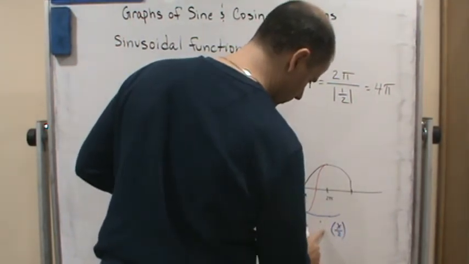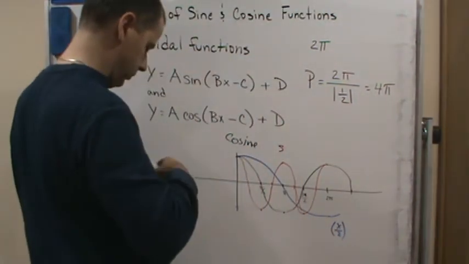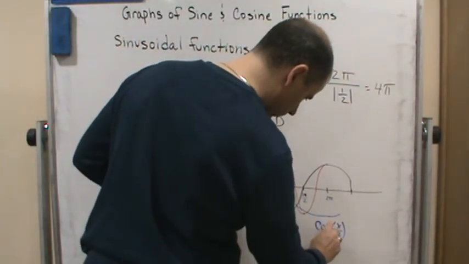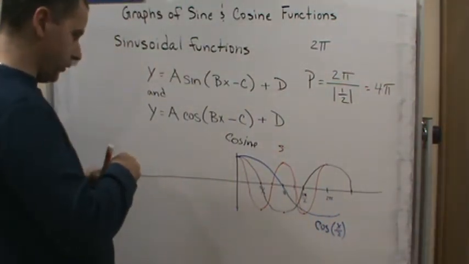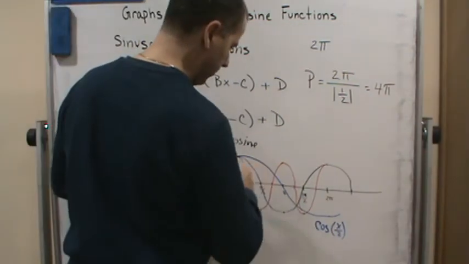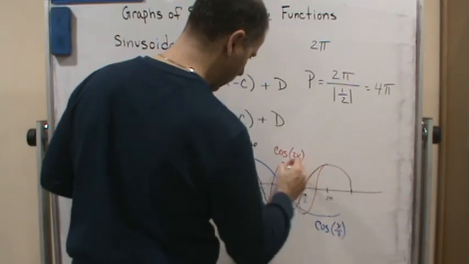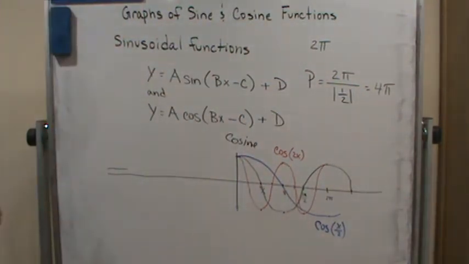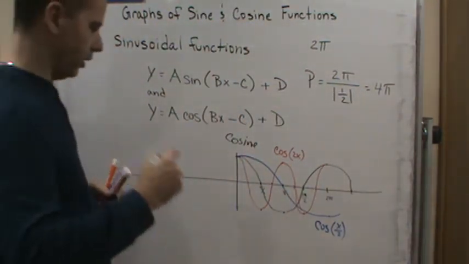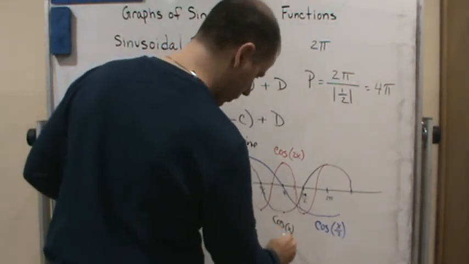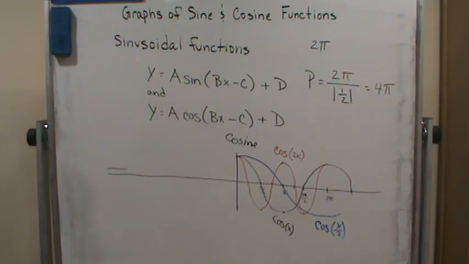This is cosine of 2x, for example. And then the black curve is just our normal cosine x with a period of 2 pi. And so that's how the period affects the graph.